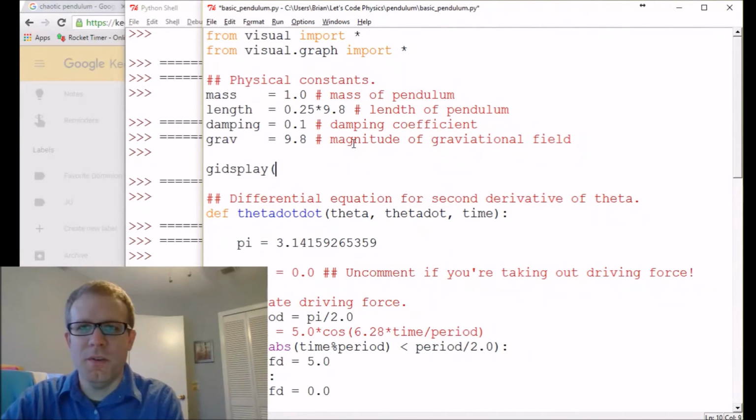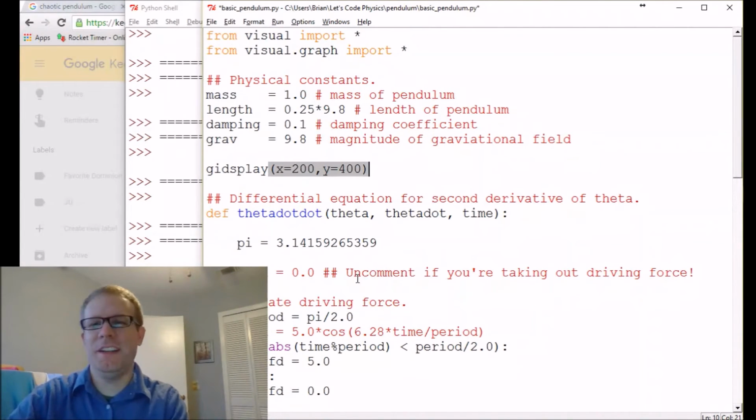Where can that one go? Let's try to get that one in here-ish. So let's say x equals 200, y equals 400. Because I can't really have that on the same graph as any of my other. I mean, I can, but they have different units, so I couldn't live with myself if I did that. Sorry.